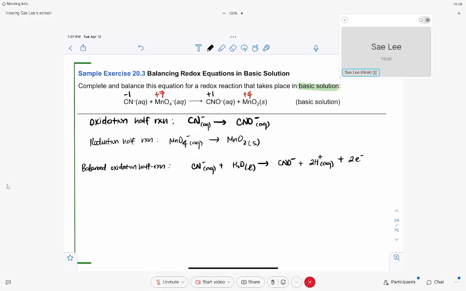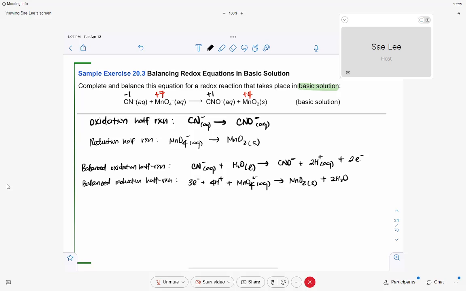This is the balanced oxidation half reaction. The balanced reduction half reaction is going to look something like this.